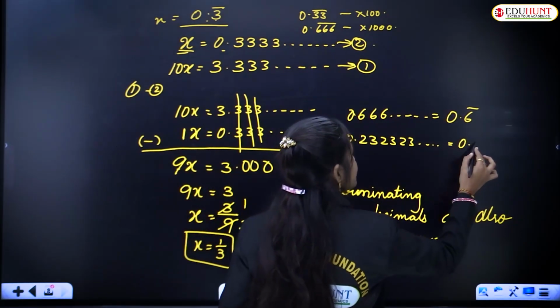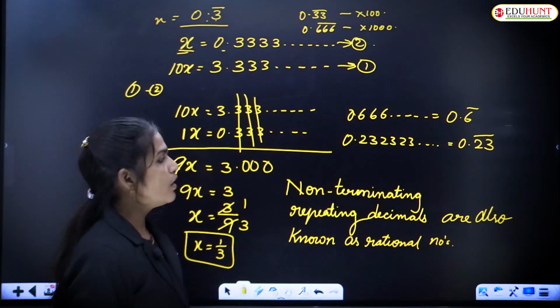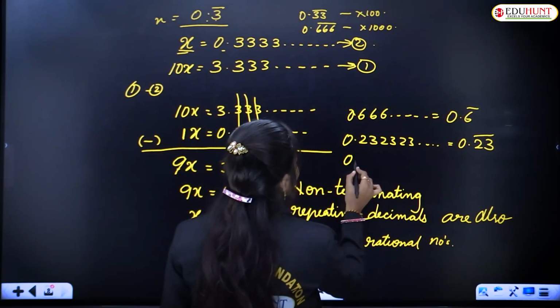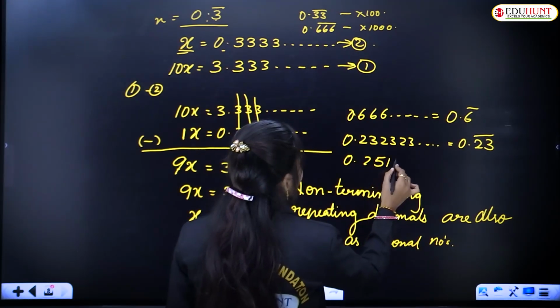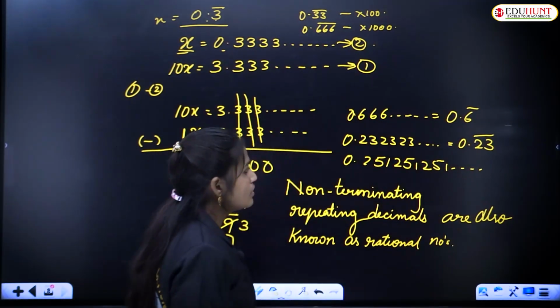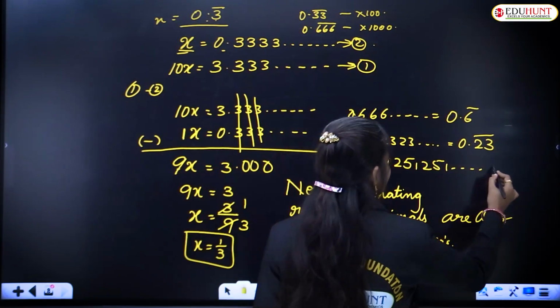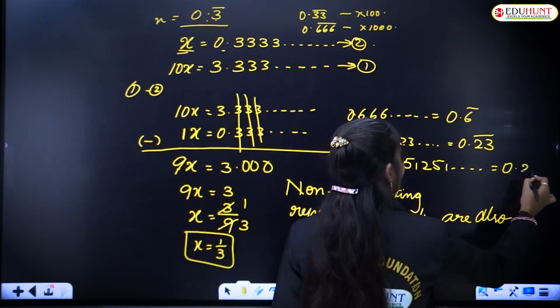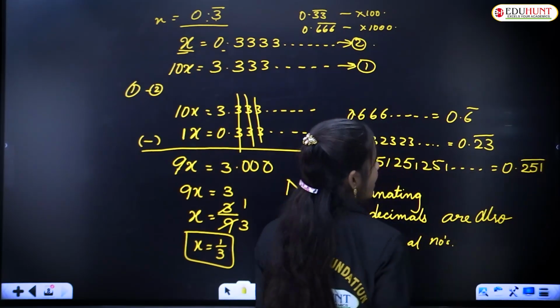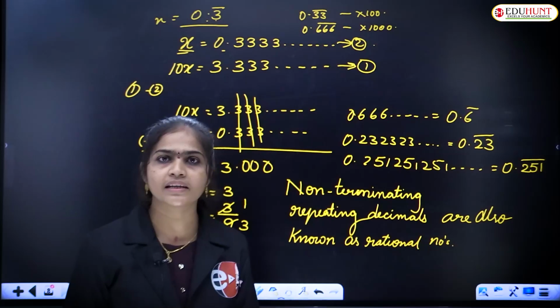So we have to keep it as 0.23 bar. And 0.251, 251, 251 and so on. Which number is in repetition? Yes, 251 is in repetition. So we can write this as 0.251 bar. Understand children how to write that bar symbol?